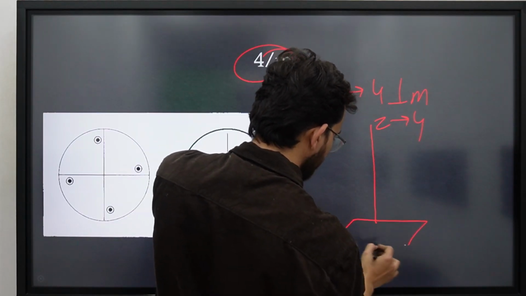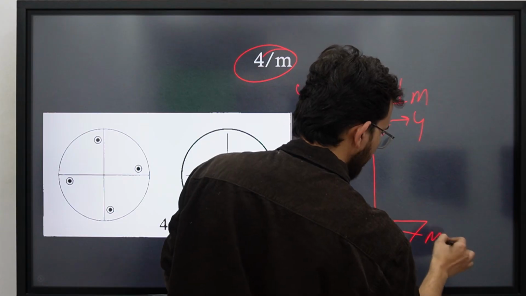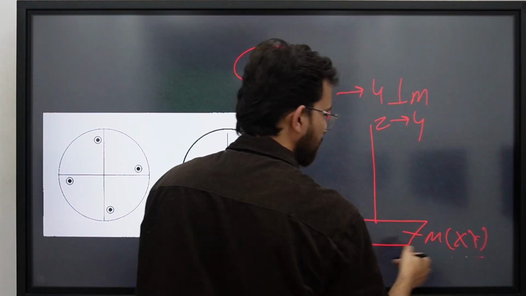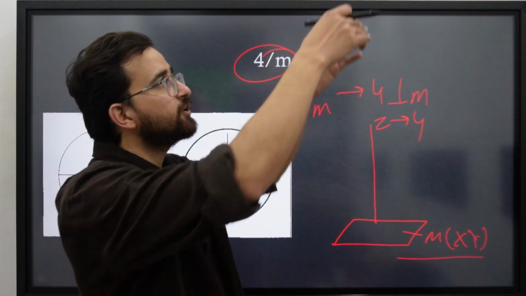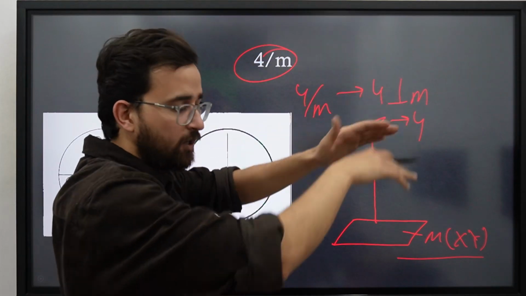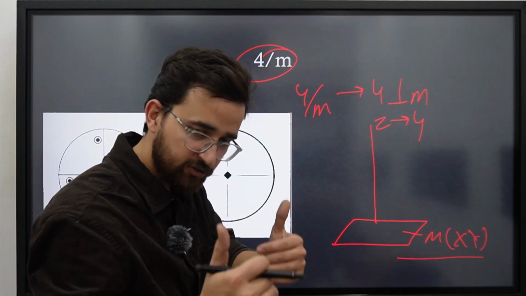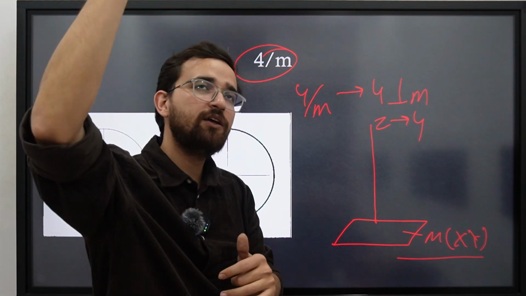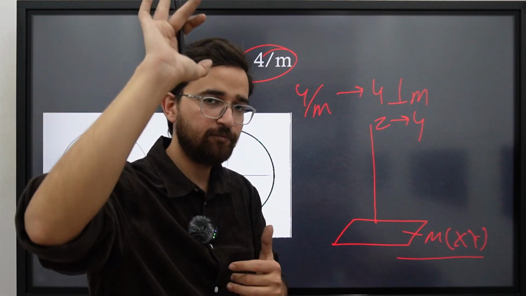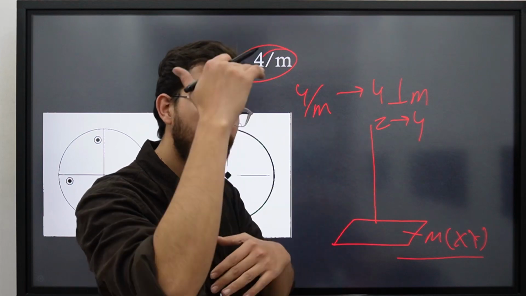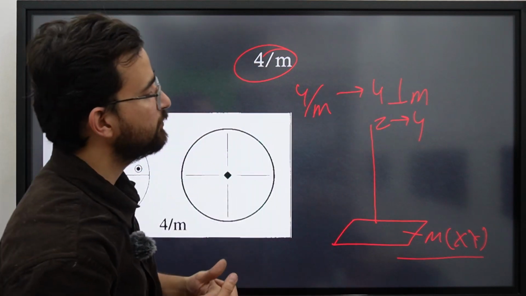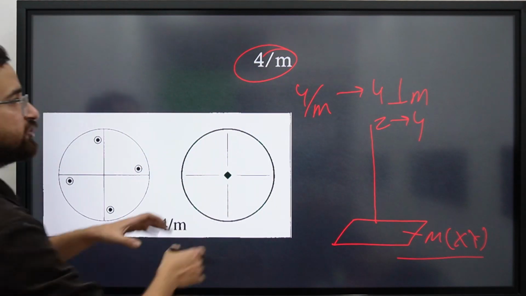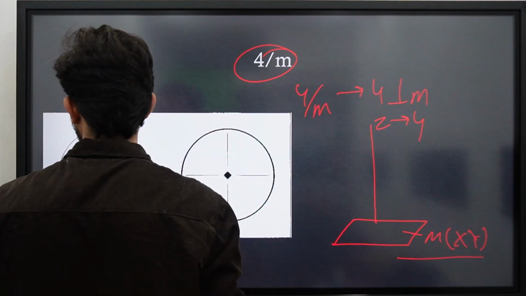And the floor, the xy plane, becomes your mirror plane. Okay, so the vertical pillar becomes the fourfold, and the perpendicular plane to it, that is your floor, becomes the mirror plane. If you want to, you can imagine the ceiling as well instead of the floor. Both of them are perpendicular to this vertical line. So this is how you imagine 4 by m.